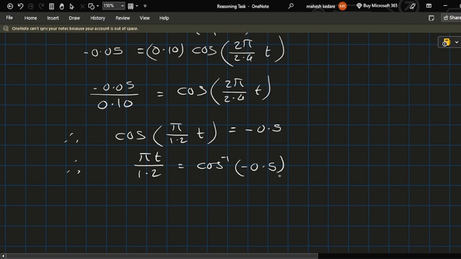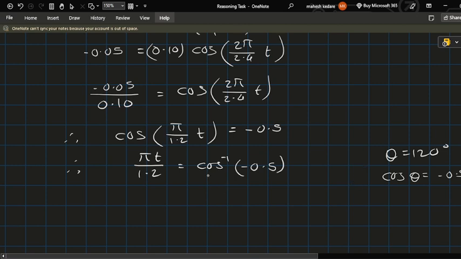Cos inverse of minus 0.5 represents the angle at which the cos value is minus 0.5. And the cos value is minus 0.5 when the angle is 120 degrees. So cos inverse of minus 0.5 is 120 degrees.